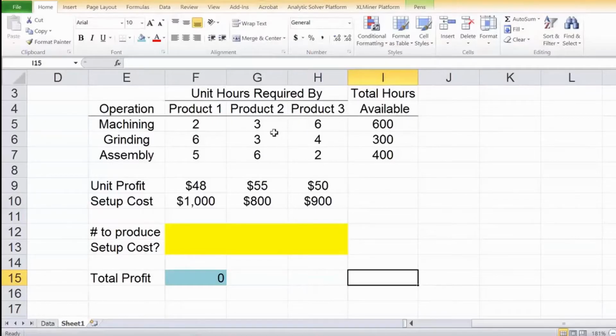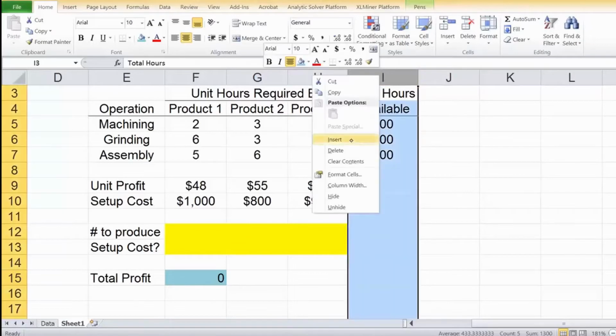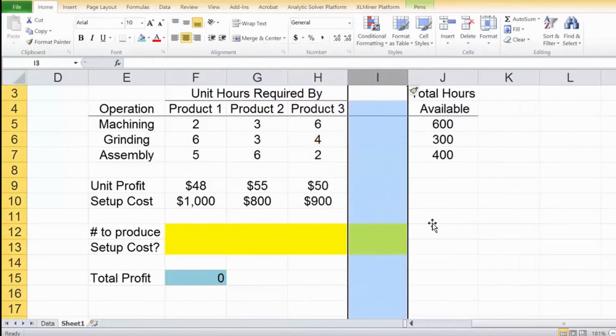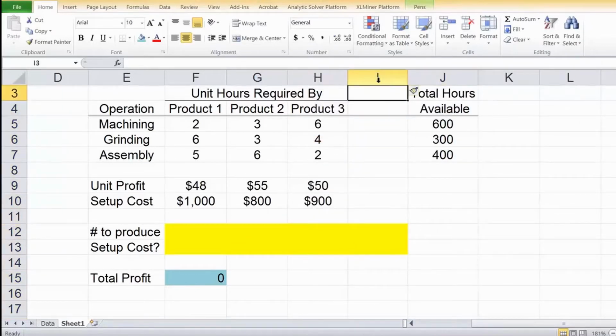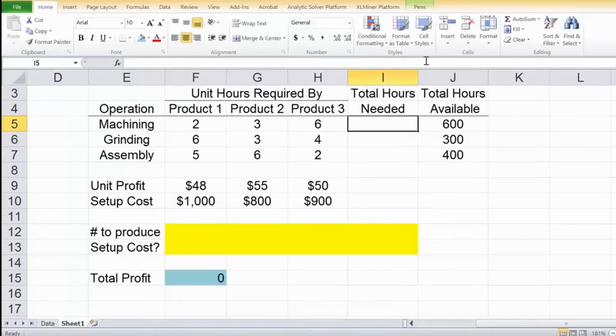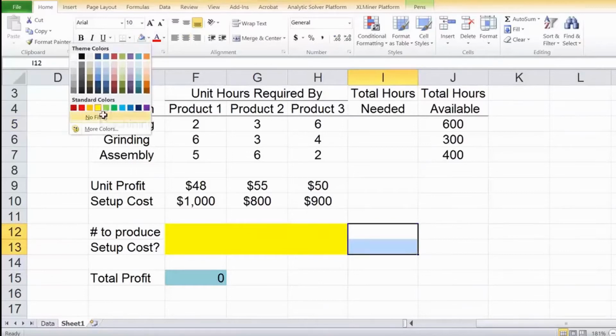In the given data, we have the unit resource needed. We also have the total resource available. So I'm going to insert a column here to calculate the total hours needed. Okay, and I'll clear the shading here.